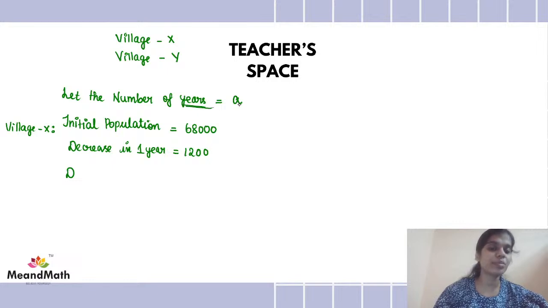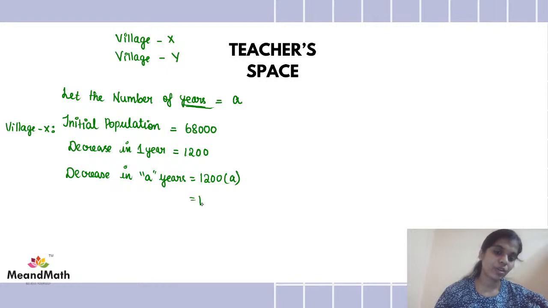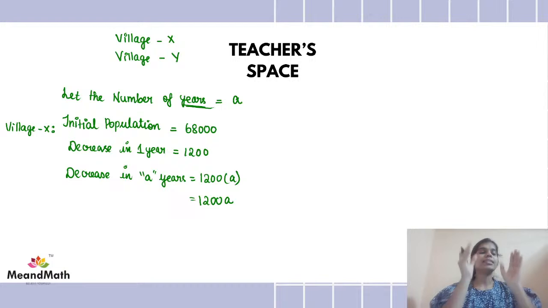After how many years? I took the number of years as A, right? So, decrease in A years equals 1,200 times A, 1,200A. This is the given details of village X.